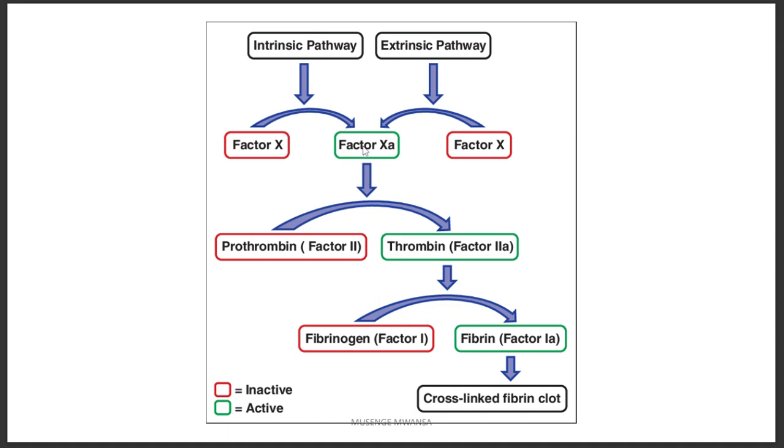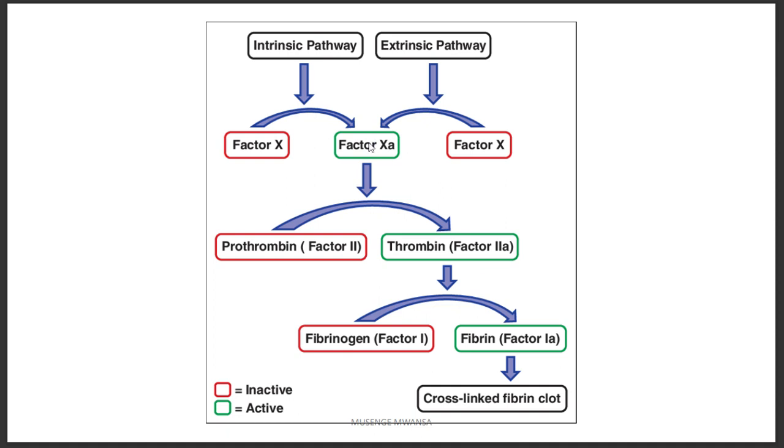Okay, factor 5, which is the activated form, factor 5 activated. So on this portion here, we're going to have factor 10A, factor 5A, which has been activated already. We also have factor 4, which is the calcium. Apart from that, we also have lipoproteins. So what do we have? Factor 10A, factor 5A, and then factor 4, which is calcium, and lipoproteins.